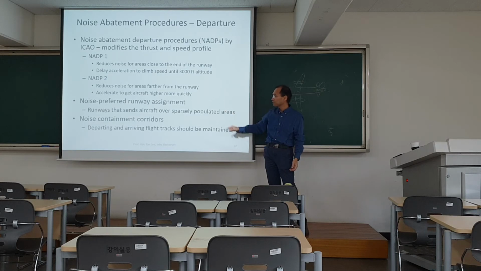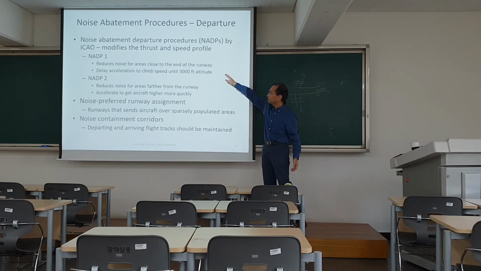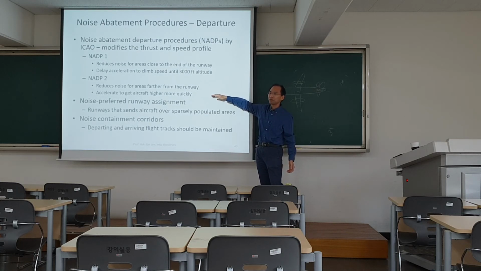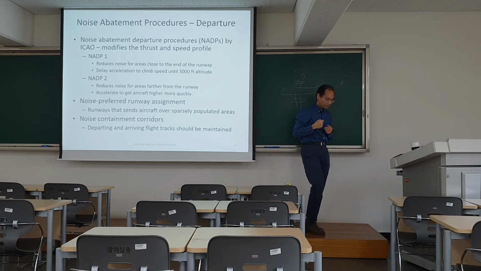So you actually go at full power. In a normal case, the airplane might take off at maybe 85% or 90% power. In the first procedure, you take off with maybe 60%. Here, you go with 100%. Then, once you are at a certain altitude, before passing that area, you back off.